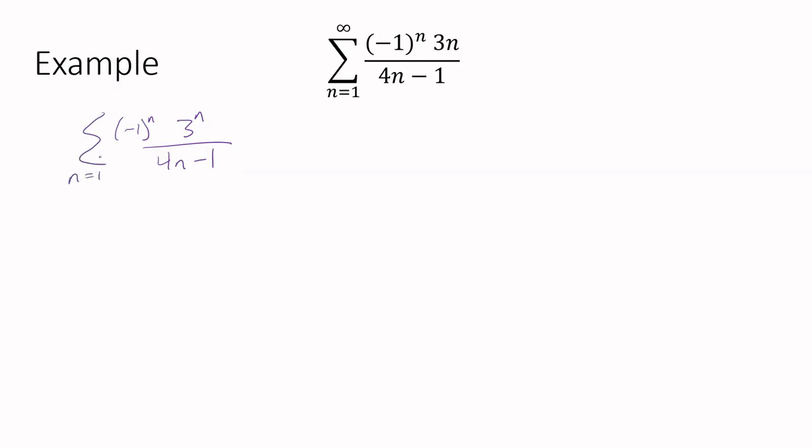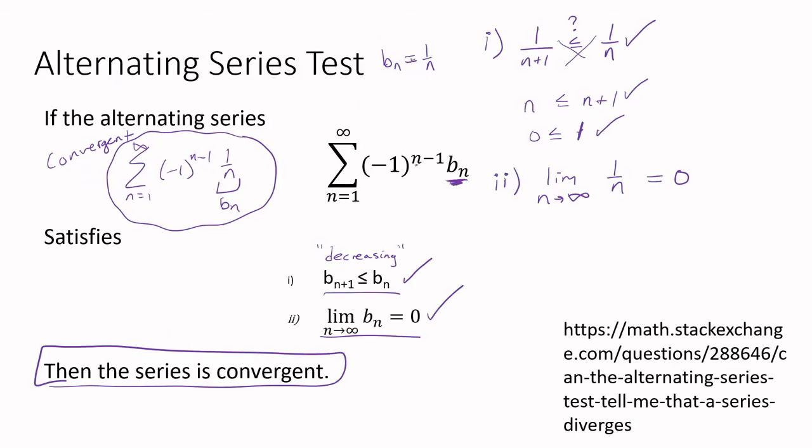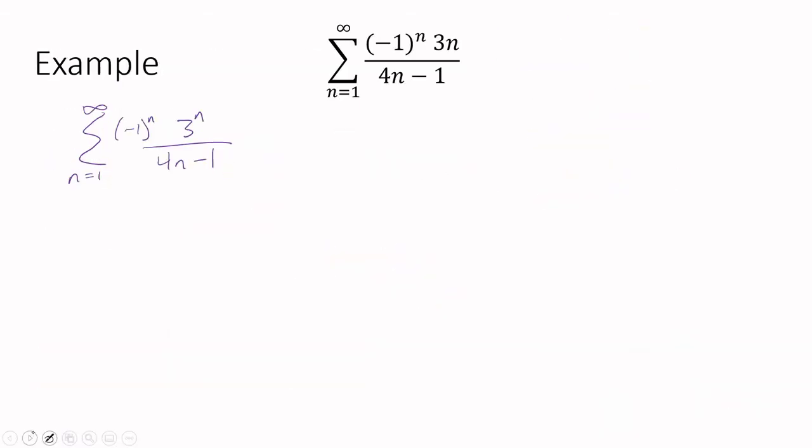So you might say, well, Gary, that's not in the right form. I need it to be alternating, right? I need it to be to the n minus 1. Well, to the n or n minus 1, it's not going to be a big deal because all we want to do is ask if it converges, right?